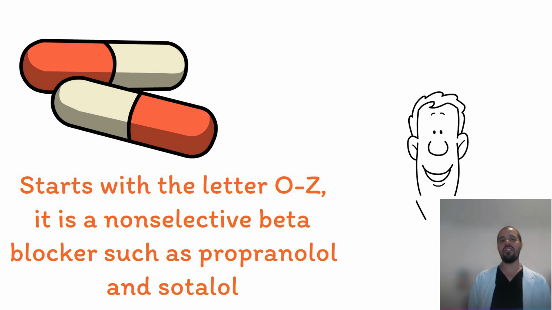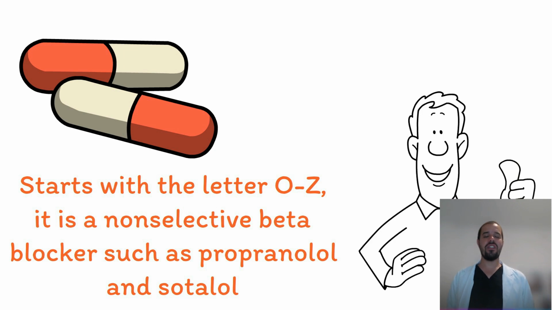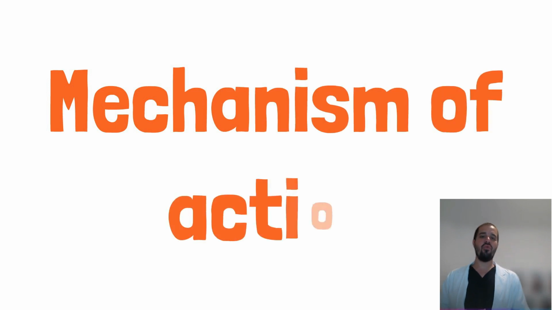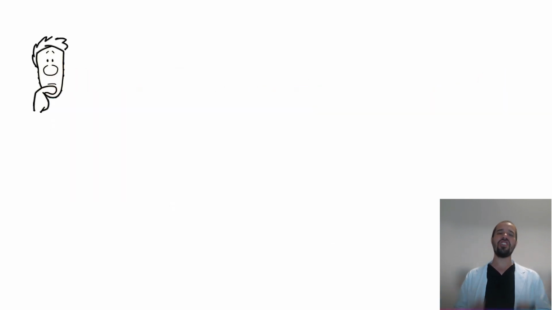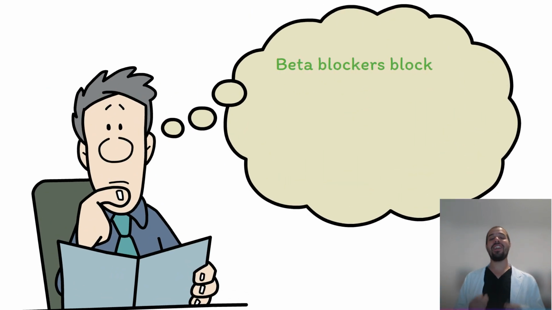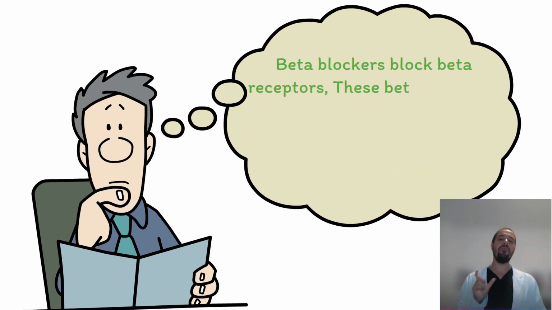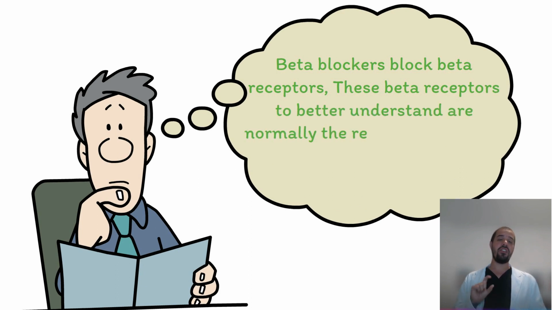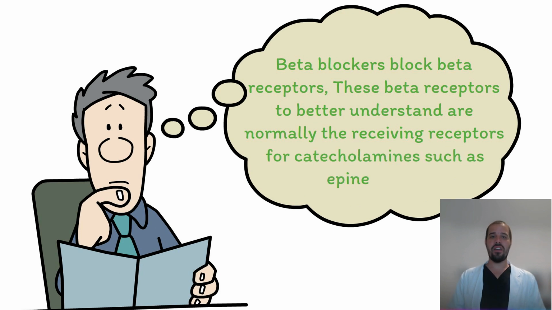Now that we understand the difference between a selective and non-selective beta blocker, let's talk about the mechanism of action. What do beta blockers do to achieve their therapeutic response? Beta blockers specifically, as the name states, block beta receptors. These beta receptors, to better understand, are normally the receiving receptors for catecholamines such as epinephrine.